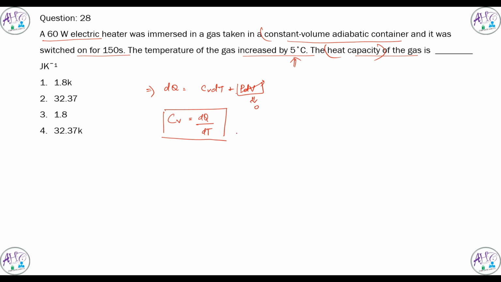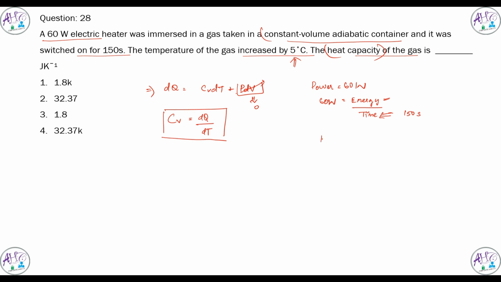They have given power as 60 watt. And we know that power is nothing but energy by time. So 60 watt is your power, and we don't know the energy, but they have given time as 150 seconds.